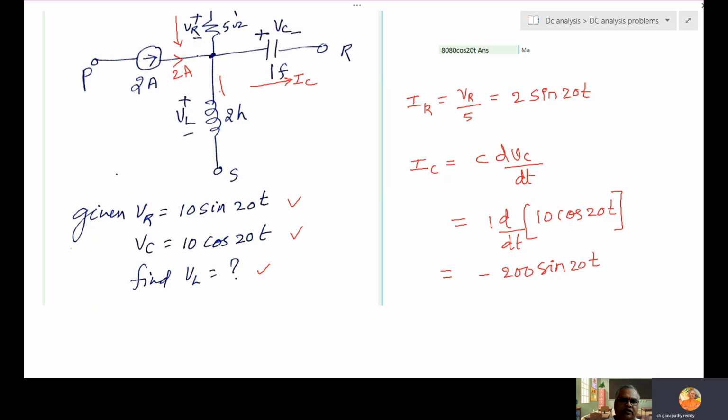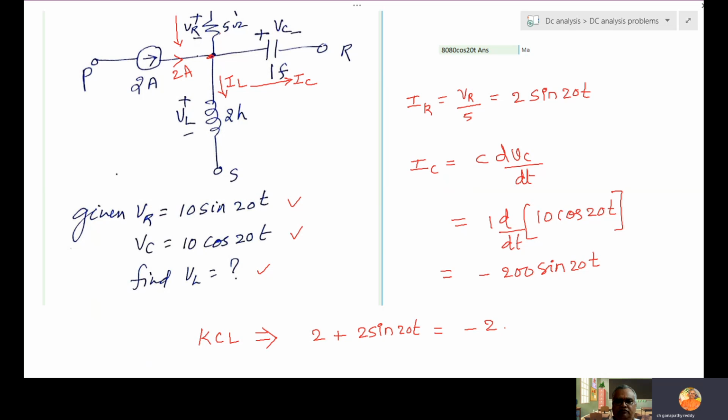Now we have to find this IL using the current law. Using the current law, 2 ampere current plus IR, which is 2 sin 20t, is equal to IC plus IL.